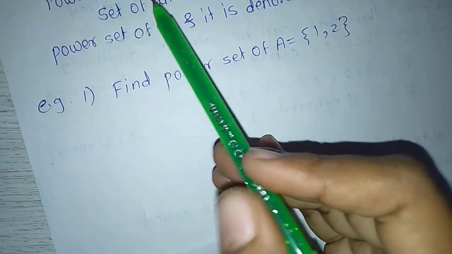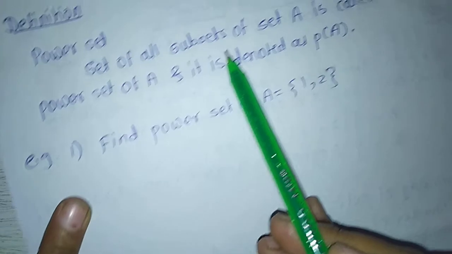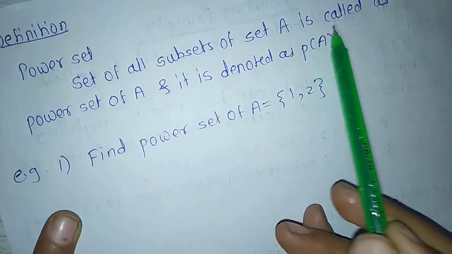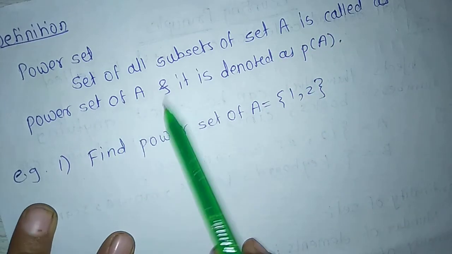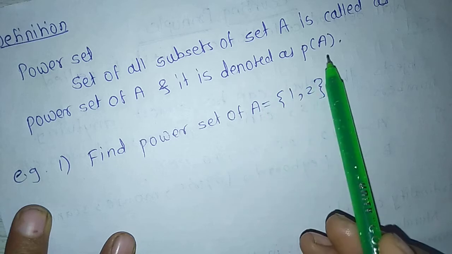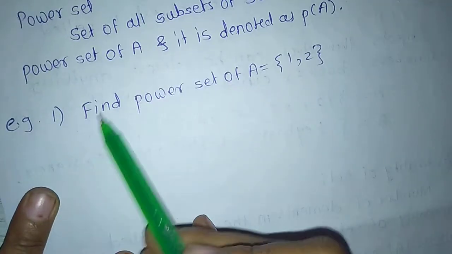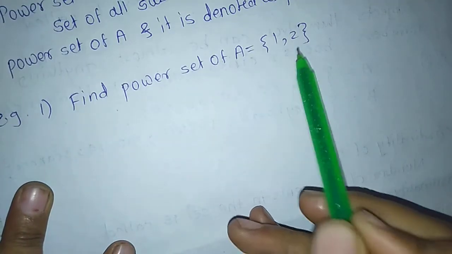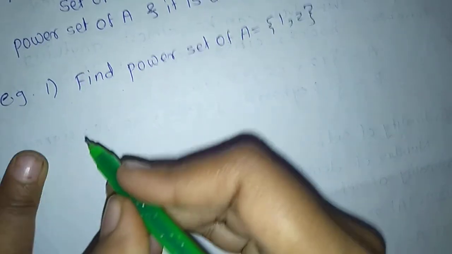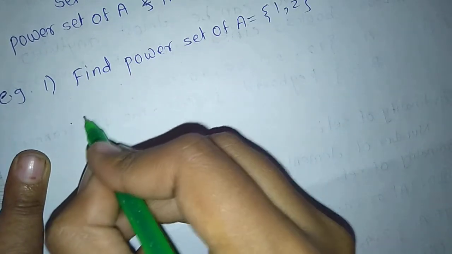Next, power set. The set of all subsets of set A is called the power set of A and it is denoted as P of A. For example, find the power set of A equal to the set of 1, 2.